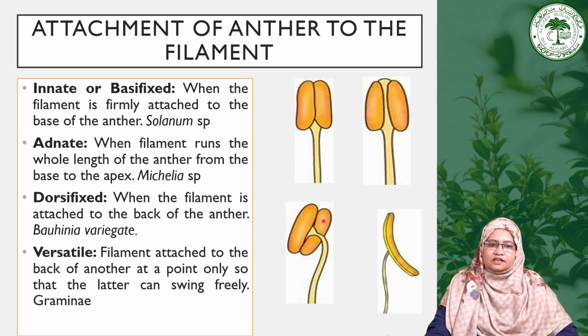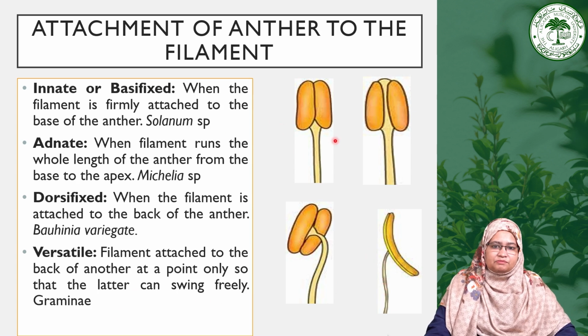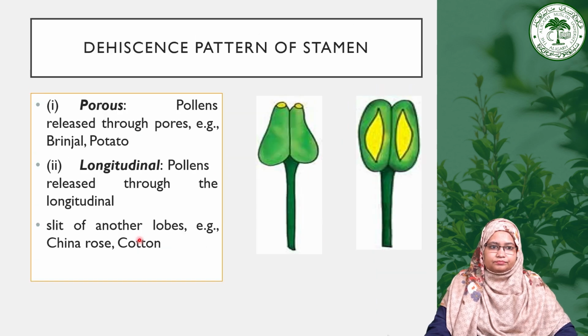Then it is called dorsifixed when the filament is attached from the dorsal surface, as in Bauhinia. And when the filament is attached from a single point and the anthers move freely, it is called versatile, as in the Gramineae family. So these are all the attachments of filament to the anthers, for which different terms are used.